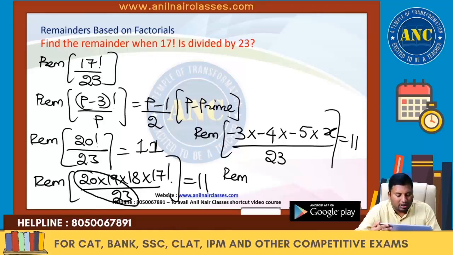The remainder of 60 is 23 times 3 is 69, minus 9. Minus into minus 9x divided by 23 is 11.